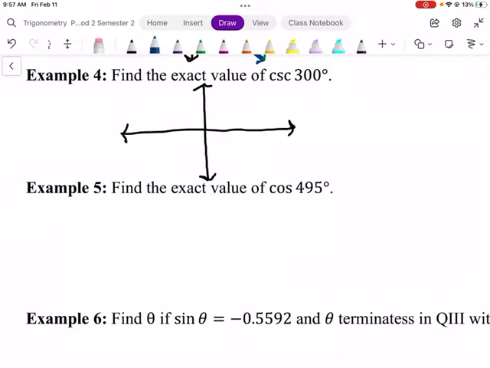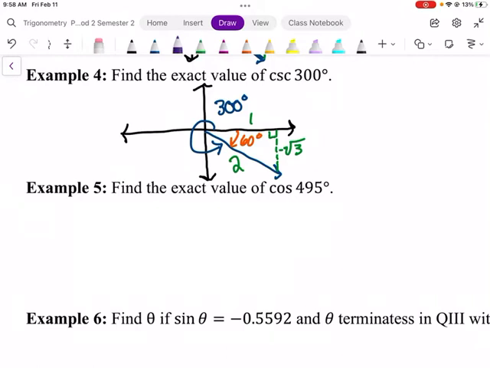All right, so I'm going to start by drawing my angle, my picture, which is 300 degrees. Finding our reference angle, which in this one would be 60, because 360 minus 300 is 60. Then we can draw our right triangle, and opposite of 60 is the square root of 3, which in this case will be negative.